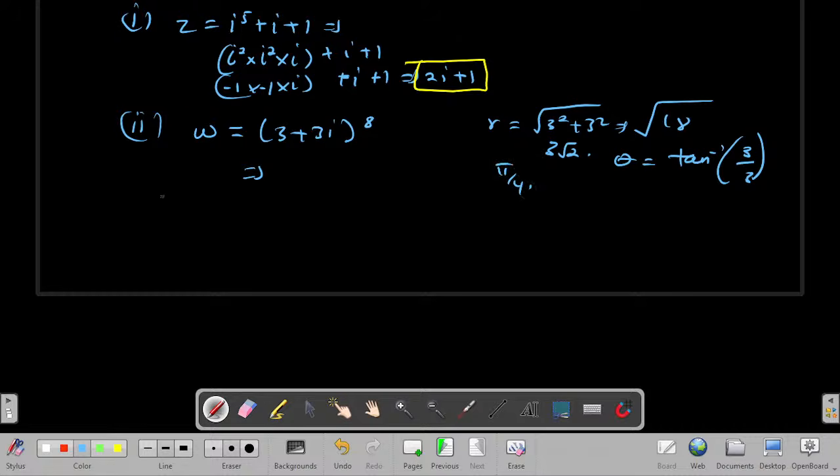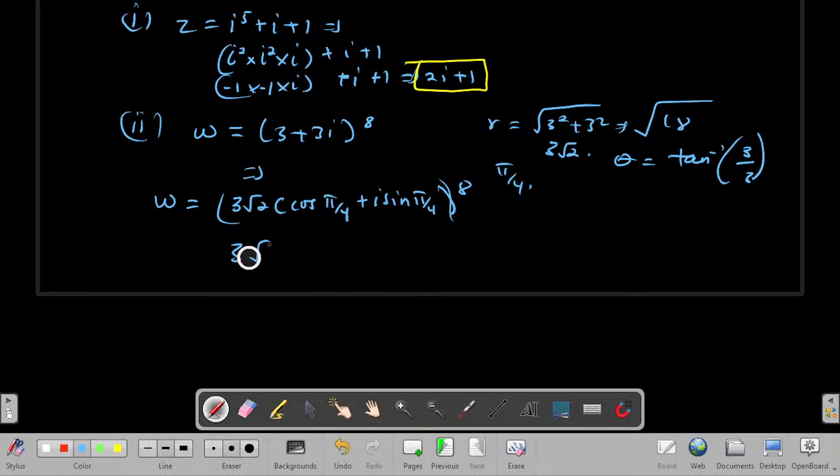So you come here, have w is equal to 3 root 2 times (cosine pi on 4 plus i sine pi on 4), the power 8, everything.